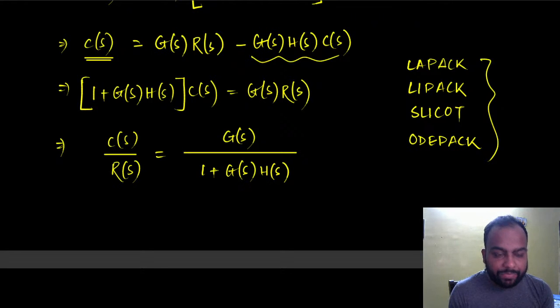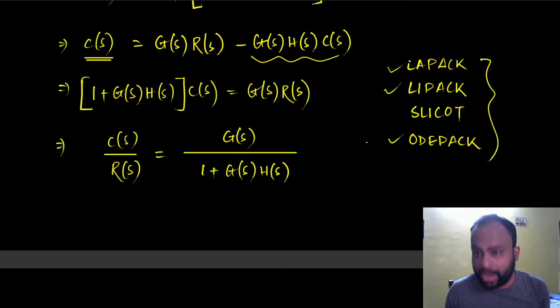People are still using these without knowing that they are using them. The moment you are doing some sort of linear algebra in MATLAB or in Python, you are actually under the hood using LAPACK. The moment you are using NumPy, you are actually using LAPACK under the hood. LAPACK is a heavily optimized linear algebra library. LINPACK is also a heavily optimized linear algebra library. ODEPACK is a heavily optimized ordinary differential equation solving library. If you look through those packages, you will see kinds of ordinary differential equations that you have never even heard of.